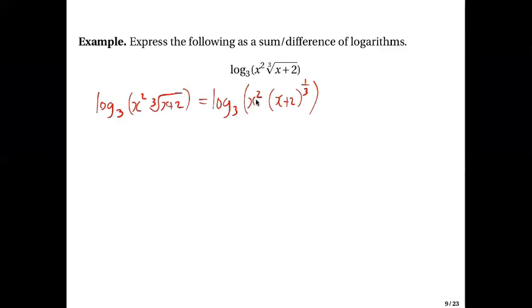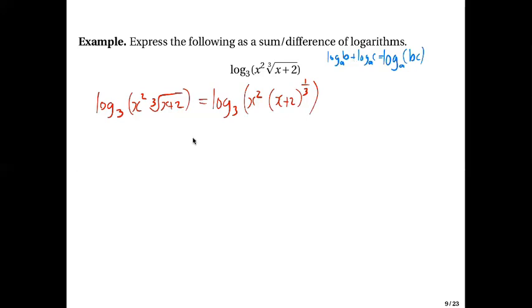Now, you have a product, x squared times x plus 2 raised to 1/3. So we are going to use the property log BC with base A. This is equal to log of B with base A plus log of C with base A. So from product, we change it to sum.